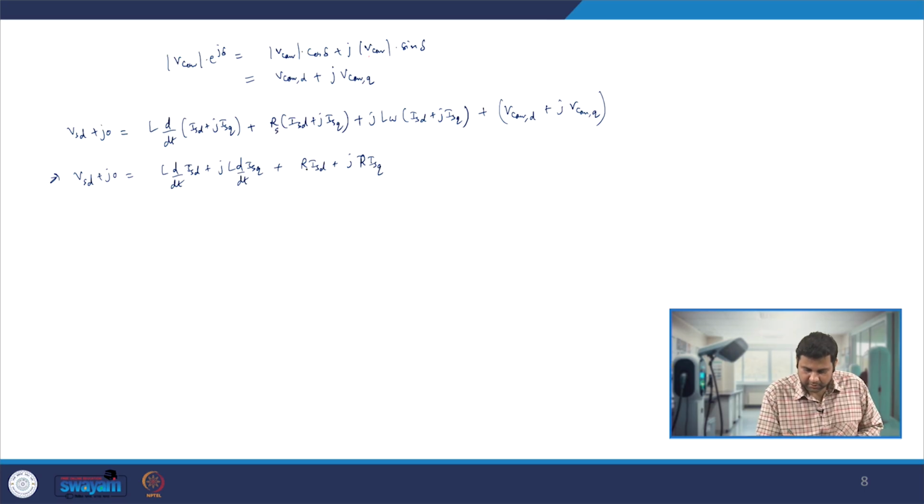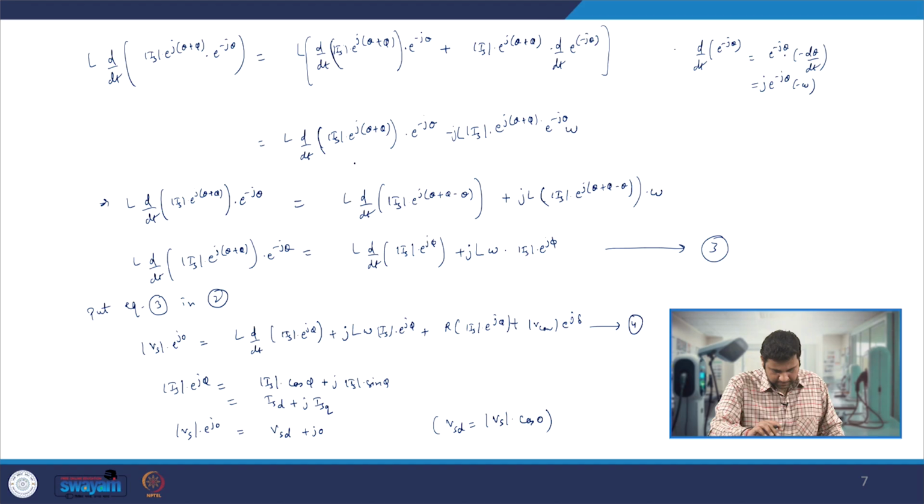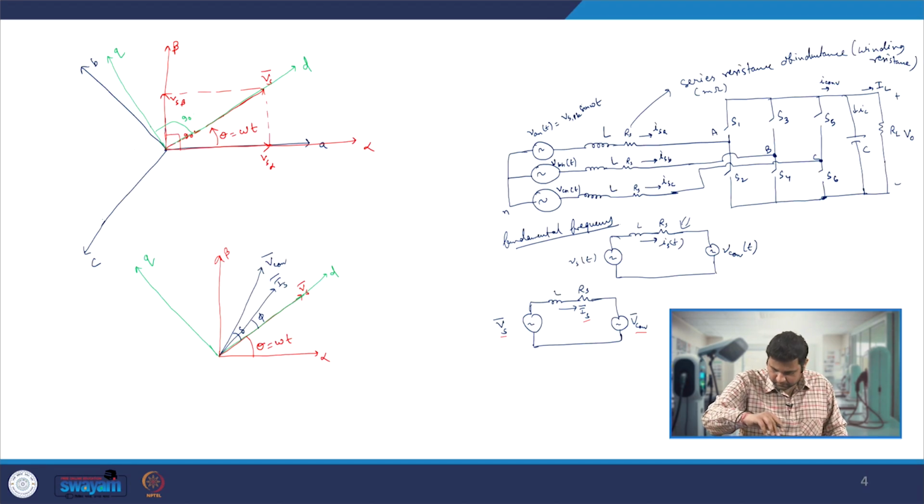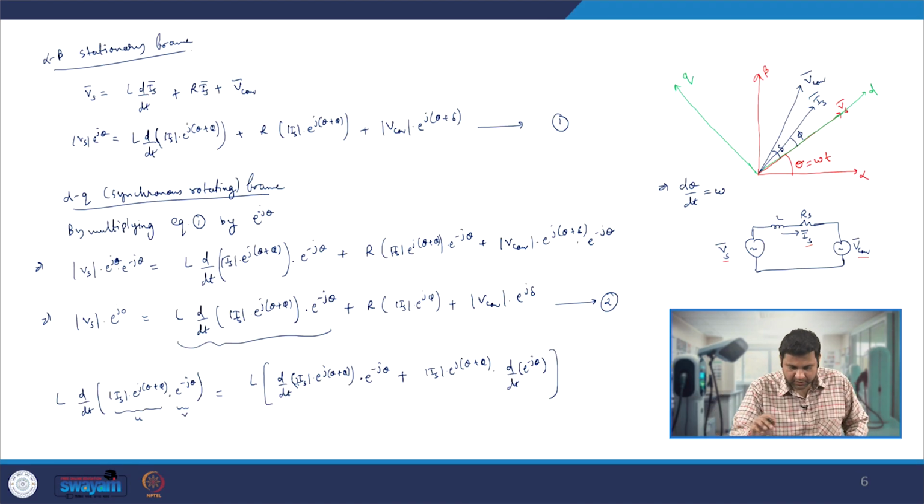So here it is Rs, so we have to take the Rs component.